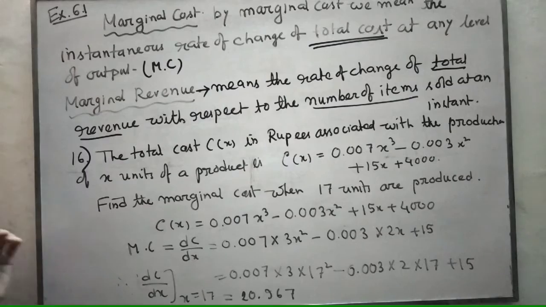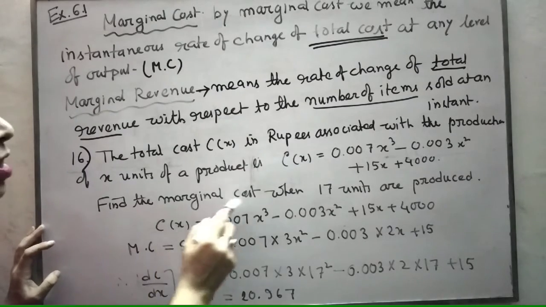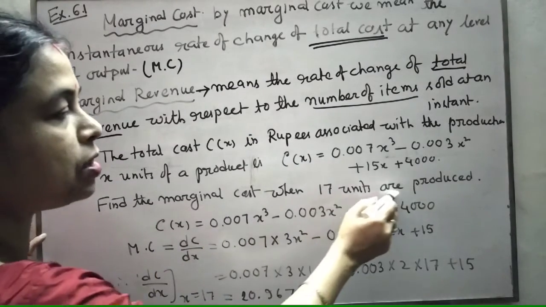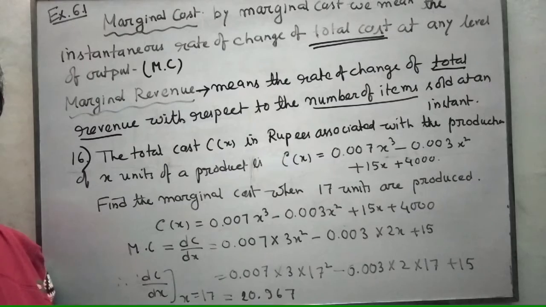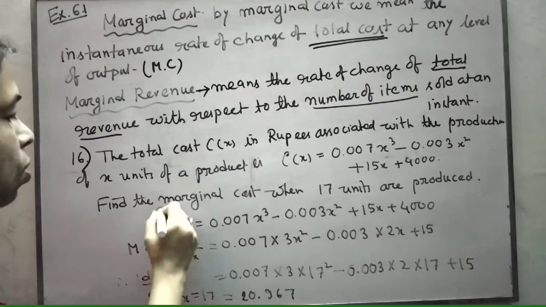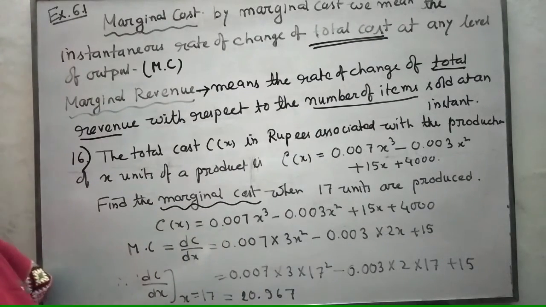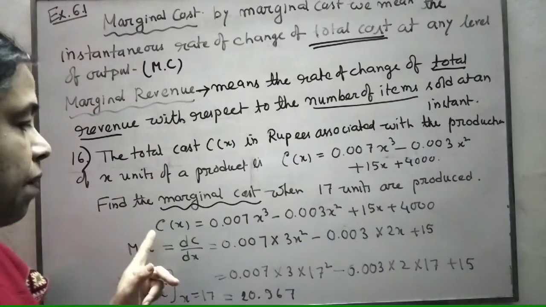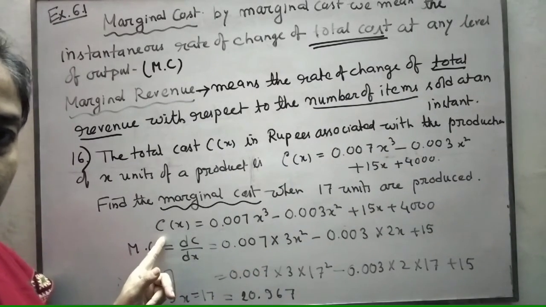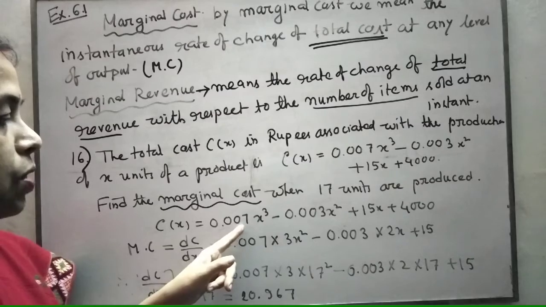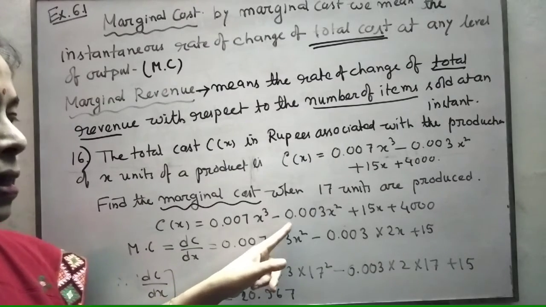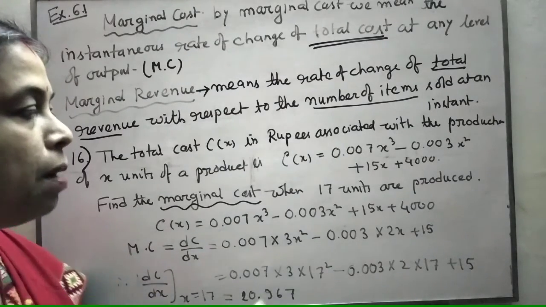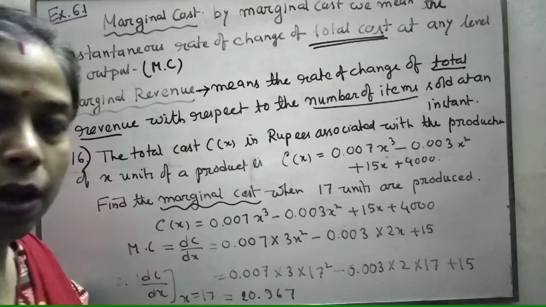Now your aim is to find the marginal cost when 17 units are produced. So I have written first the cost function: 0.007x³ minus 0.003x² plus 15x plus 4000.